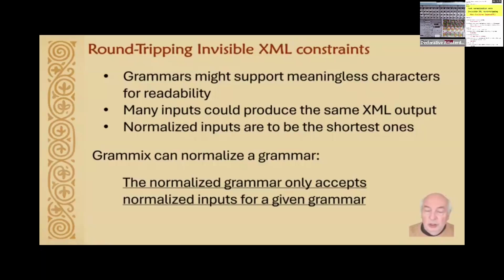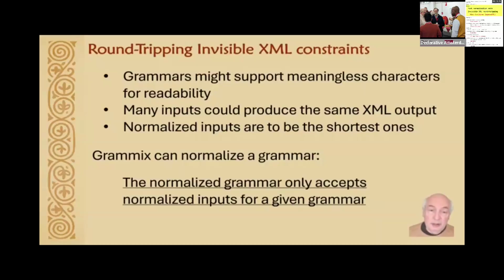Of course, there are constraints for round-tripping because if you consider a grammar, usually you will see that there are, for readability, meaningless characters, spaces, new lines, and so on. Let's say also separators.